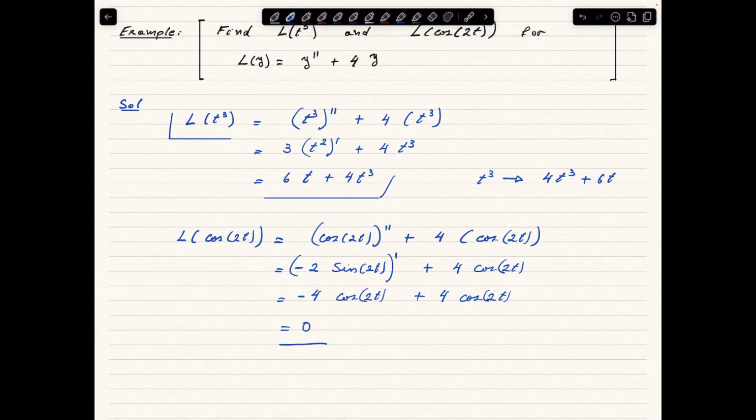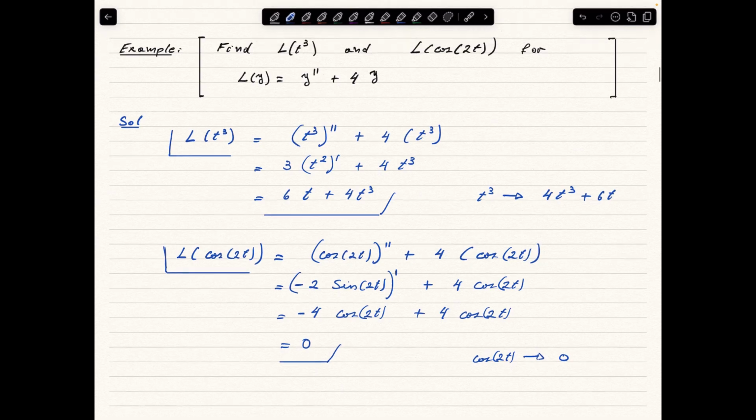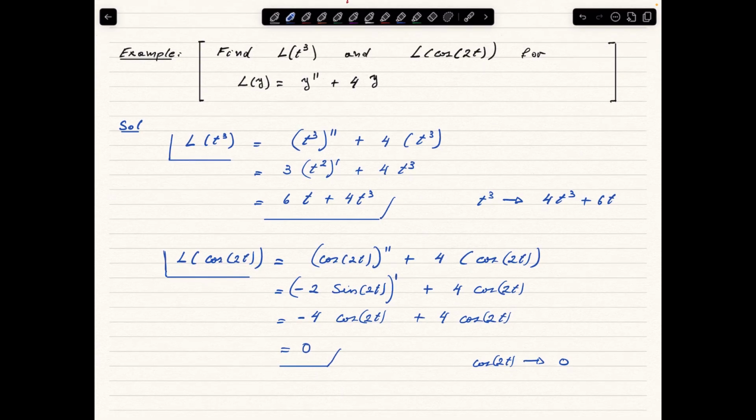So in this case the operator assigns to the cosine of 2t the function 0. So this is more or less how an operator looks, and why we call it a function. It's a function that acts on functions, and the result is another function.